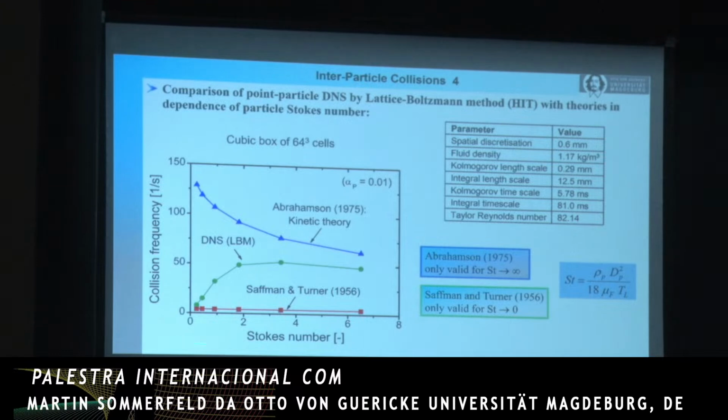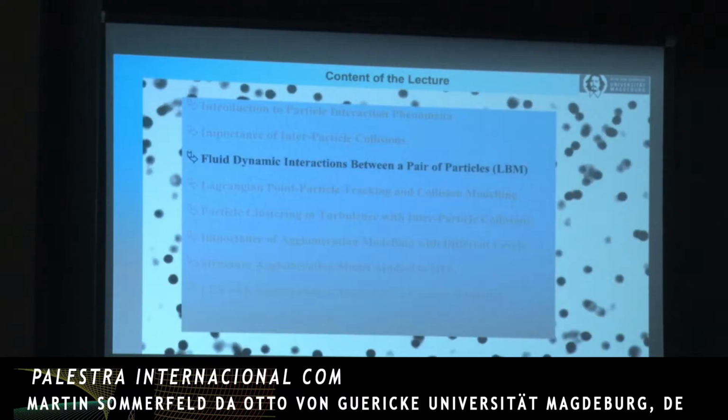So that is what you would expect for the collision rate in a turbulent situation when you vary the Stokes number or the particle size, or he has actually varied the density of the particles. So then this was basically the introduction to interparticle collision, hydrodynamic interaction.